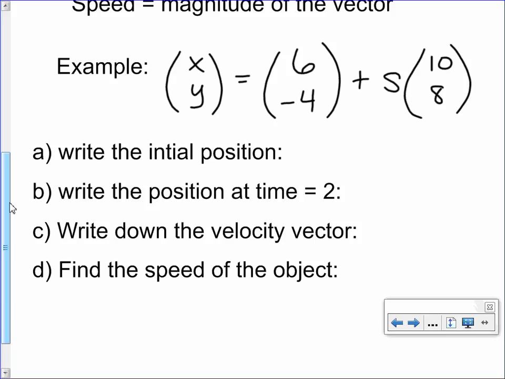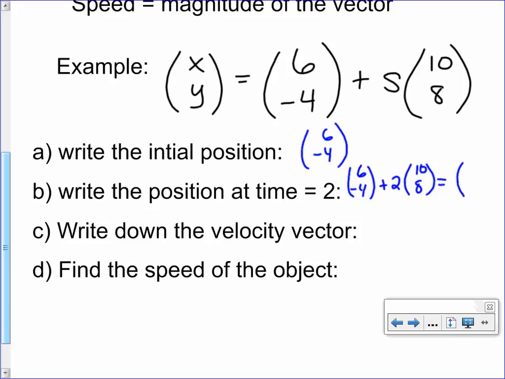Our starting point, our initial point that's not being changed by any scalars or anything is 6, negative 4. So that would be the position of this vector, right? To find its position at time 2, remember s is the time of the vector. So you're just solving 6, negative 4 plus 2 times 10, 8, right?